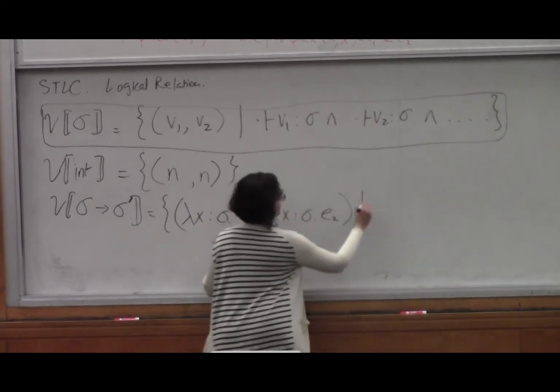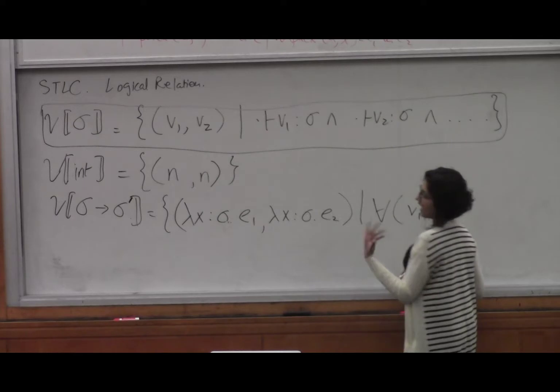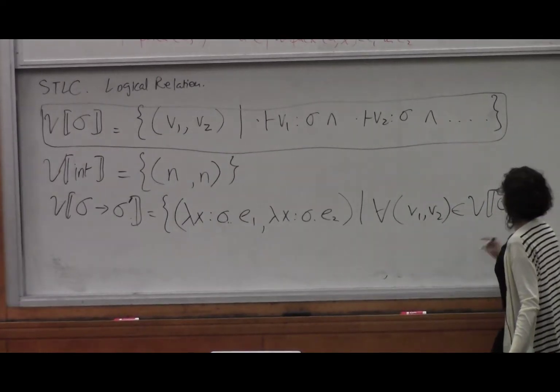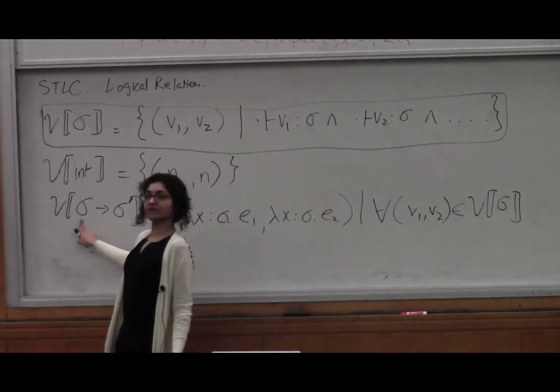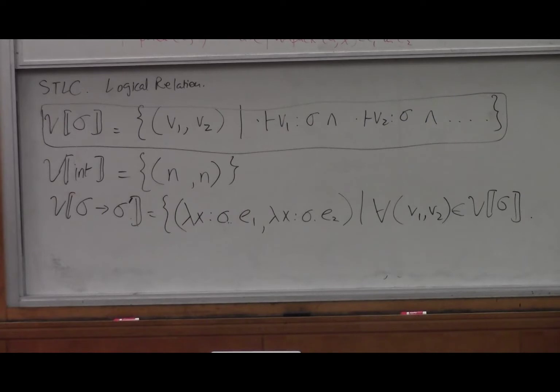So we're going to say for all v1, v2 that are related values at the input type sigma, it better be the case that I get related outputs.